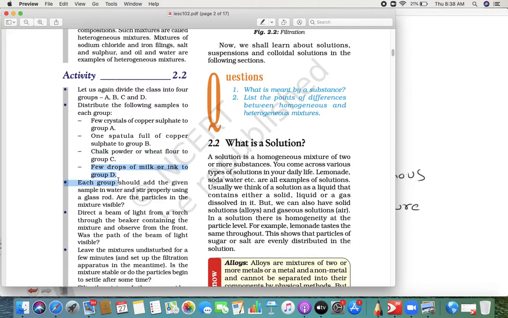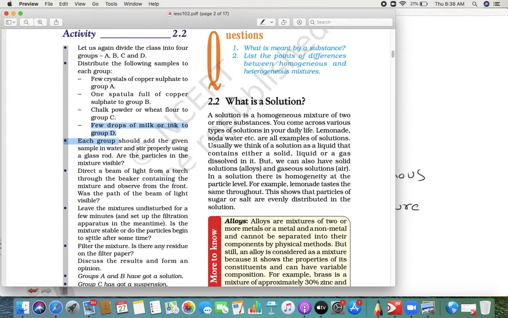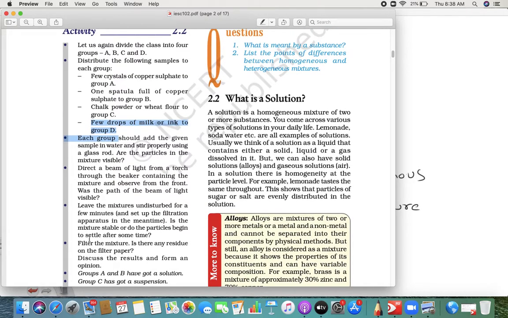Understand this. First and second dissolve completely. Copper sulfate makes the water purple in color. If you add only a few crystals, it will make a pink shade. When you put more in quantity, it will become purple in shade. So that's what they are talking about here: the mixture is homogeneous only, but what is the difference?